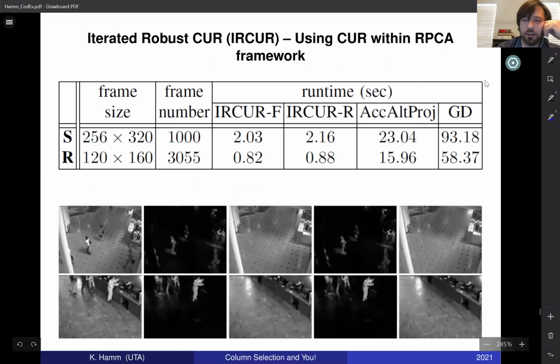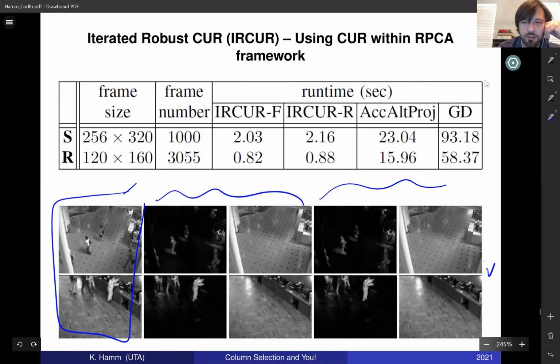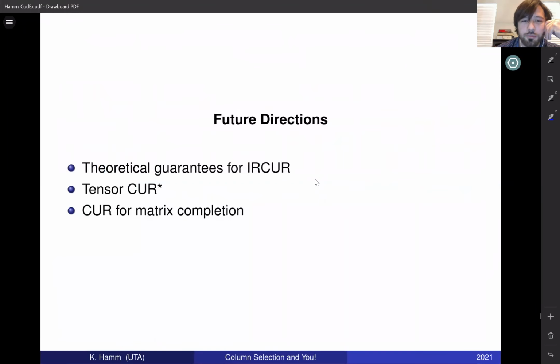And here's a qualitative example: the original foreground background image, and I think these are the SVD approximations and these are the CUR approximations. The upshot is there's not really much of a difference, but the time is an order of magnitude faster than the other methods. Some future directions: we don't have convergence guarantees for that last method.